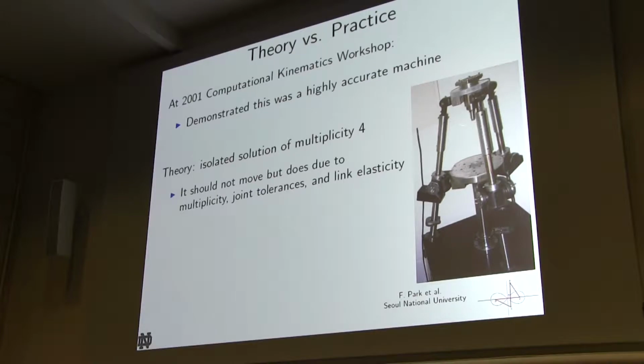So you spray a little WD-40 on this, and it behaves just like it was a positive dimensional set, whereas the theory says its multiplicity is 4. So you have to be careful, especially in applications. What does the theory say, but what does the application really need?